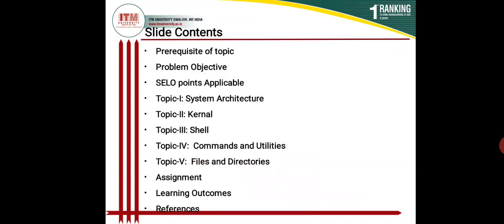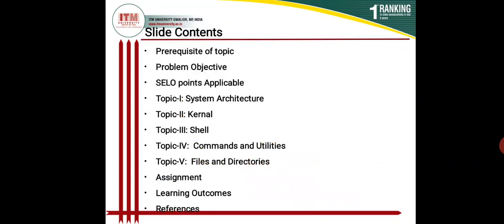After the completion of these topics, we have some assignment questions that you have to solve. After that we have the learning outcomes and the references for your further reading.